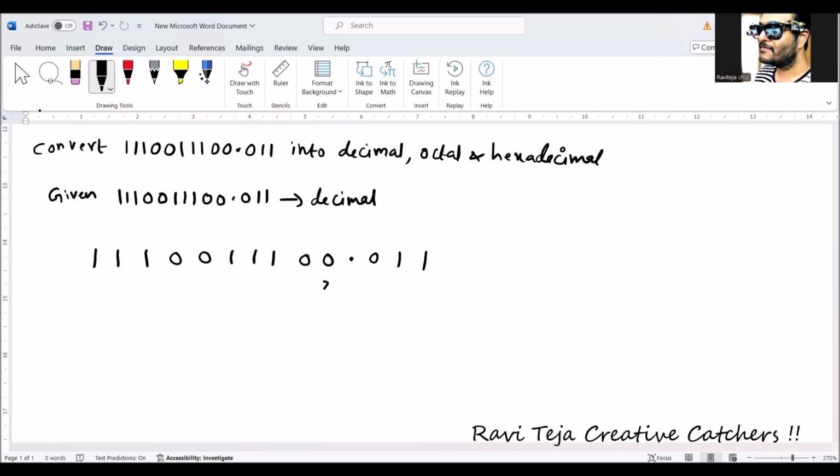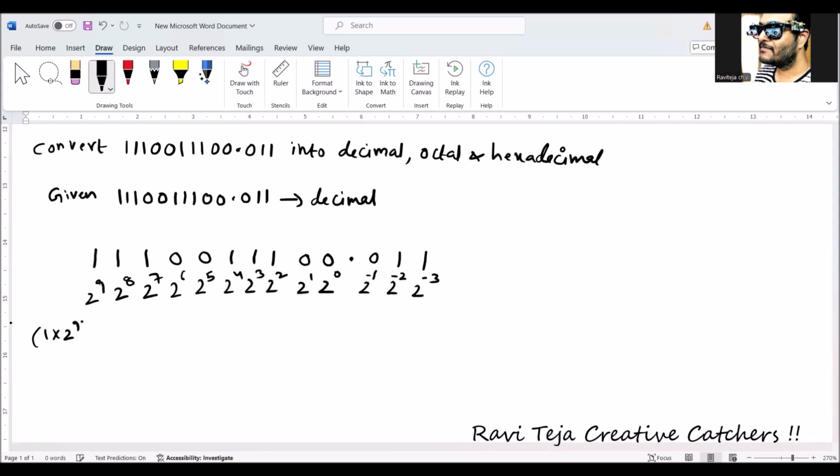So this is 2 power 0, this is 2 power 1, 2 power 2, 2 power 3, 2 power 4, 2 power 5, 2 power 6, 2 power 7, 2 power 8, 2 power 9. And after the decimal point, consider 2 power minus 1, 2 power minus 2, and 2 power minus 3.